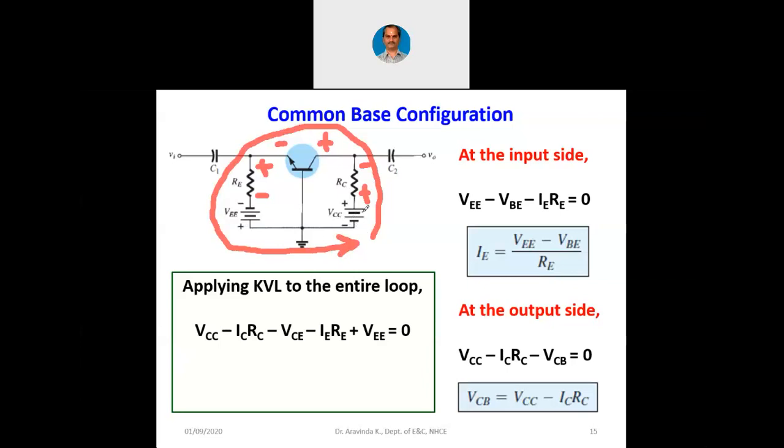We are going from plus to minus, that is negative, minus ICRC. Again, we are going from plus to minus, that is minus VCE. We are going from plus to minus, that is minus IERE. And we are going from minus to plus, that is plus VEE. So this is how you will have to understand how to apply Kirchhoff's voltage law into a given circuitry.